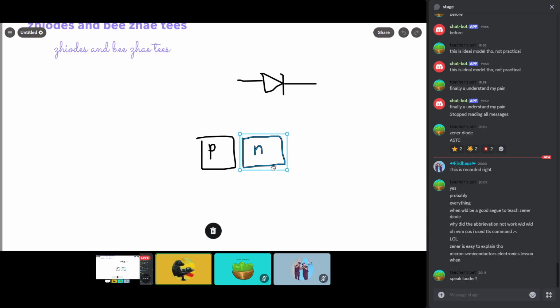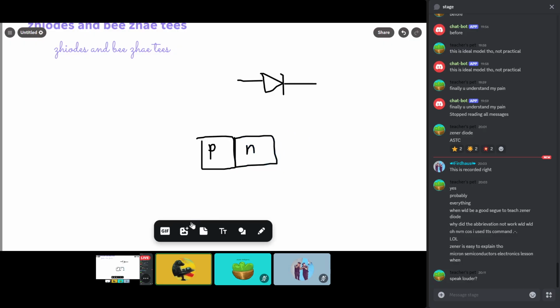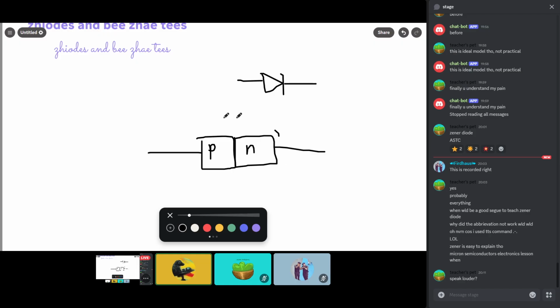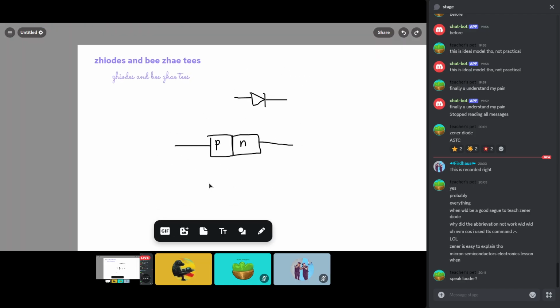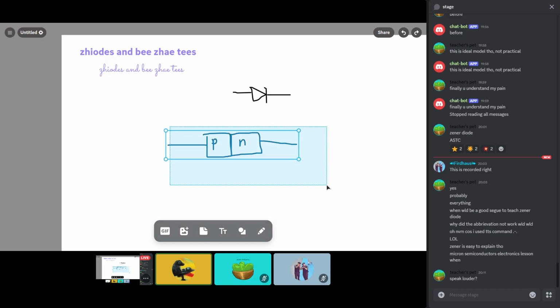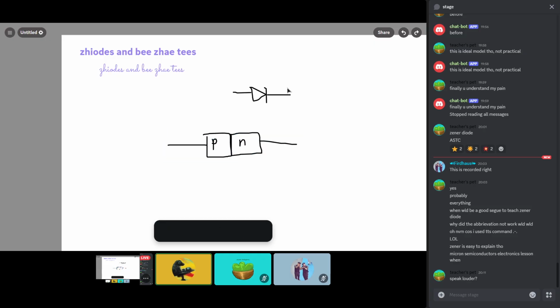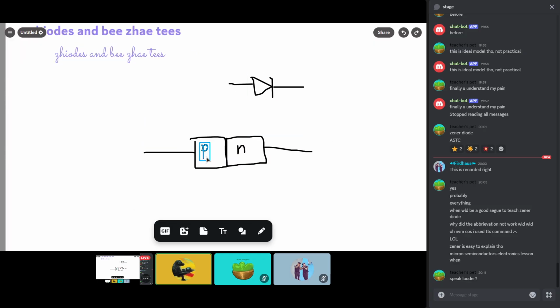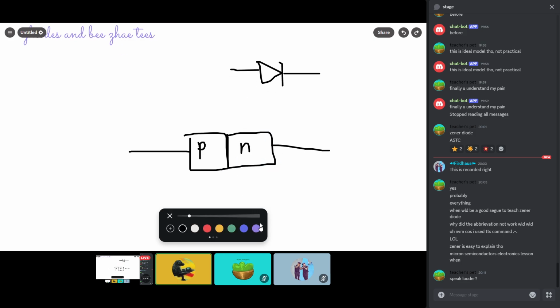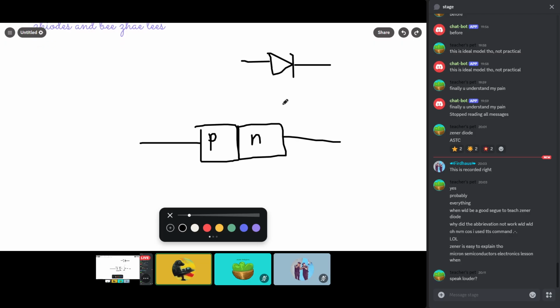I won't go into why it works, but when you combine them together, like this, and you put a wire like that, this is the same as this. Maybe I'll do a video on these in the future, but that's out of syllabus, I think. So this diode is made up of one P-type semiconductor and one N-type semiconductor. When you put them together, you form the diode, yeah.